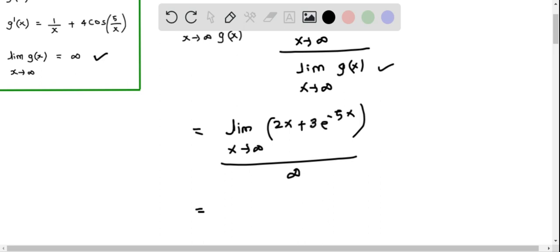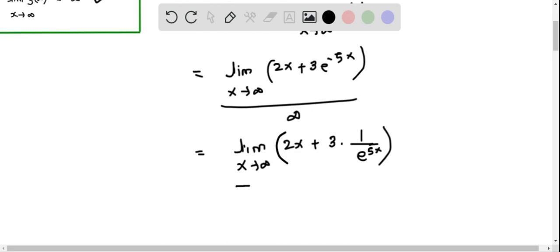Now let's evaluate the numerator limit. Before that I'm going to rewrite this expression, 3 e power negative 5x. This can be written as 3 times 1 over e power 5x, and then this is divided by infinity.